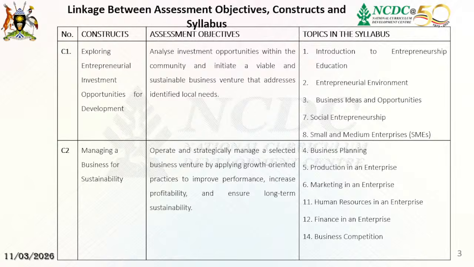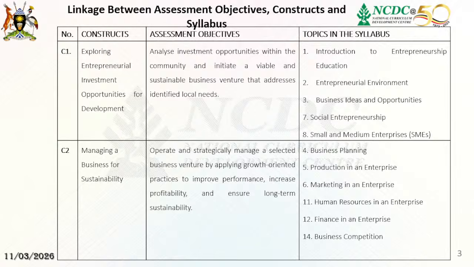The topics under that construct are introduction to entrepreneurship education, entrepreneurial environment, business ideas and opportunities, social entrepreneurship, small and medium enterprises. Our construct 2 is managing a business for sustainability.